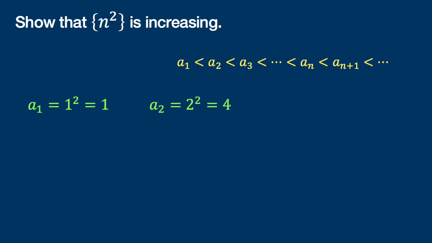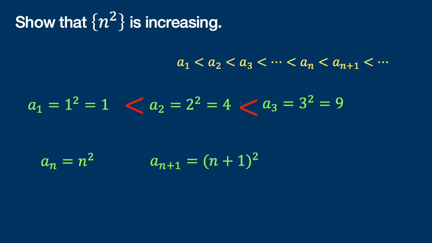Which one is bigger? a2 is bigger, right, guys? a3, 3 squared is 9. 4 and 9, a3 is bigger. What's the general term? an is n squared, an plus 1 is n plus 1 squared. Of course, an plus 1 is bigger. That's why this is an increasing sequence, guys.